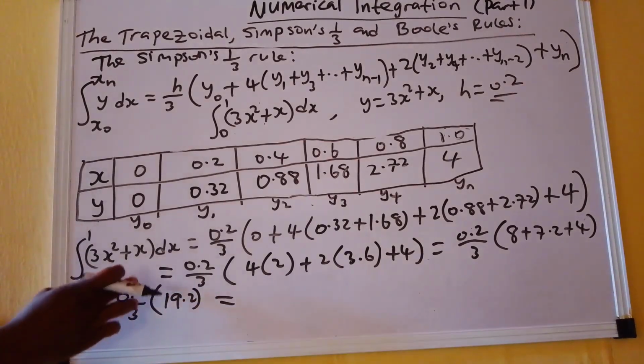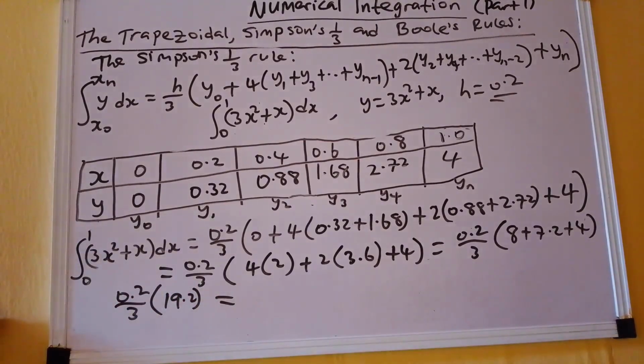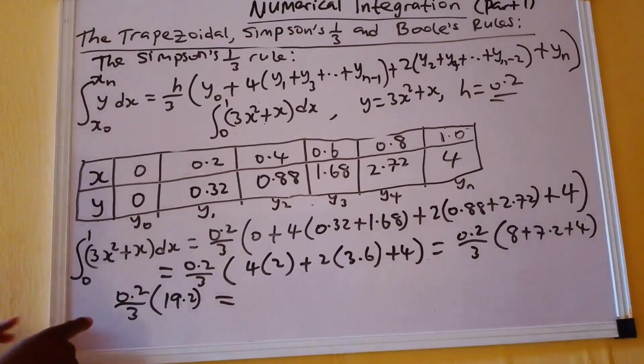Somebody may ask, why did I not carry out this division? If you say 0.2 over 3, you are going to get 0.0666666, the decimal is non-terminating. So to reduce or prevent inherent error, the best thing you do is what I have done.